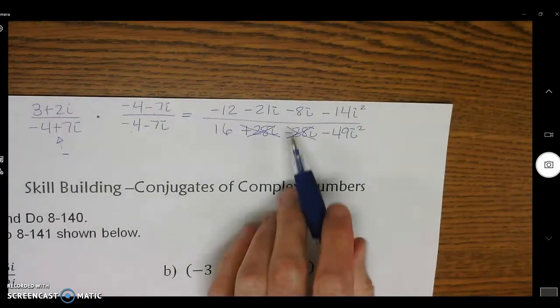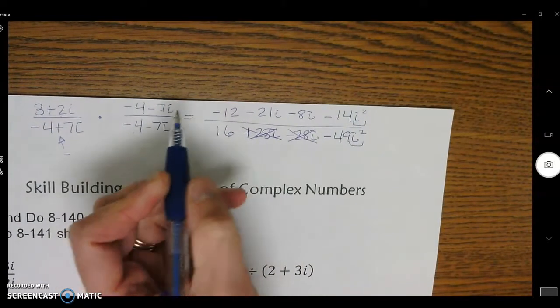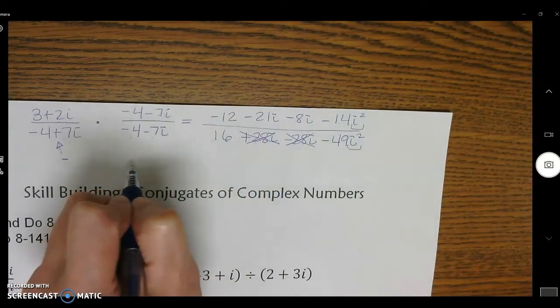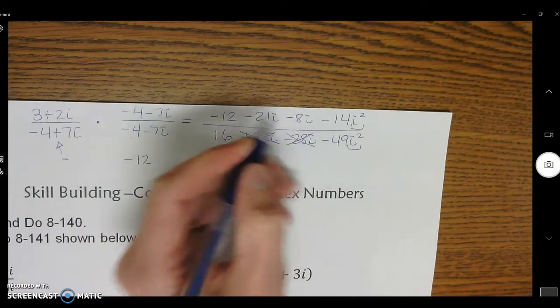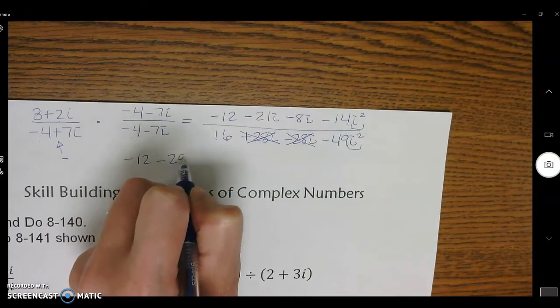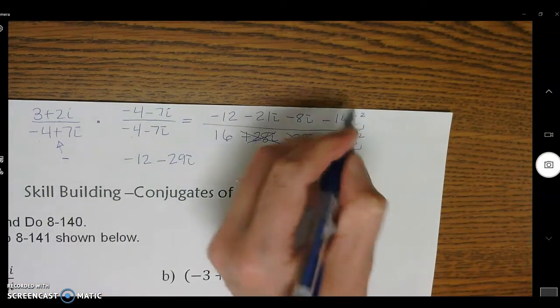And then we're going to clean this stuff up here and recall that i squared is negative 1. So I'm going to write it down here: negative 12, negative 21 and negative 8 is negative 29i. And then this is a negative 14 times a negative 1.